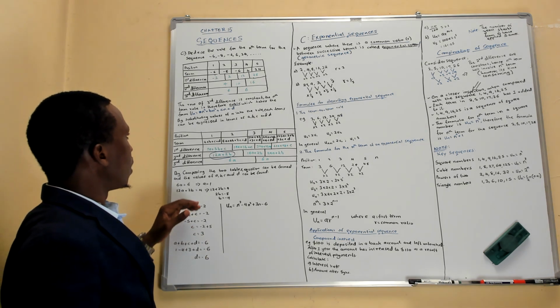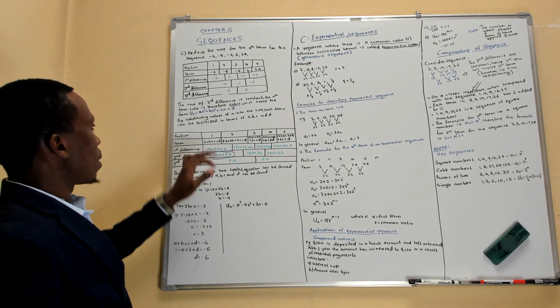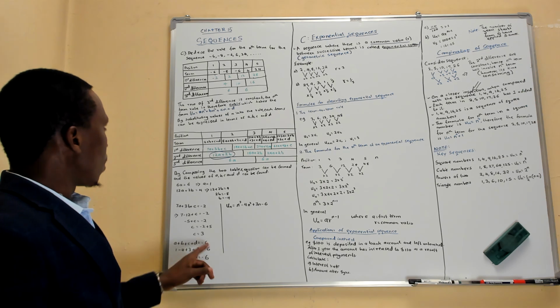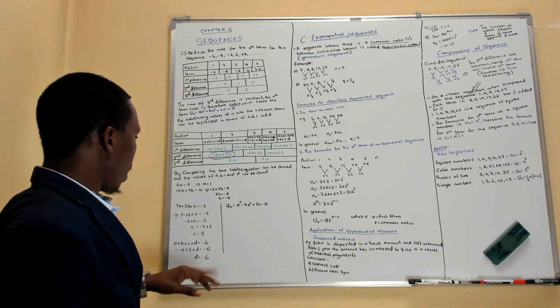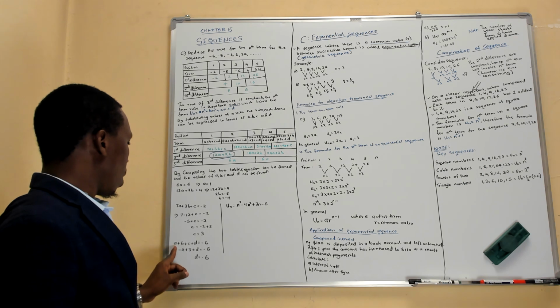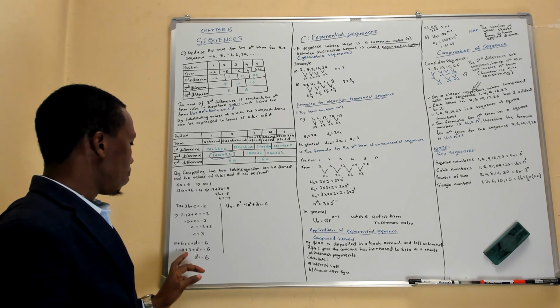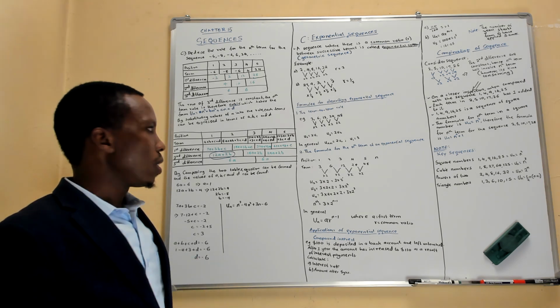Then lastly, if I substitute the first term, that is a plus b plus c plus d, equal to the first term, which is negative 6, and my a was 1, b negative 4, then c was 3. If I substitute them here, I'm able to get d as negative 6.